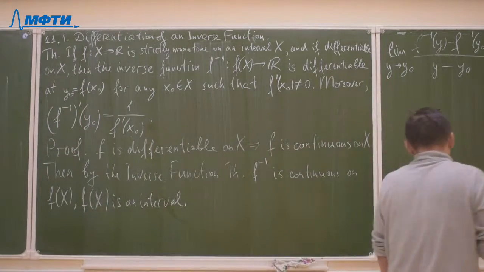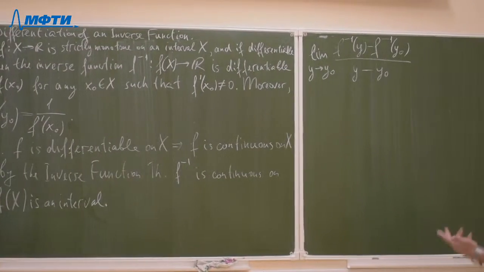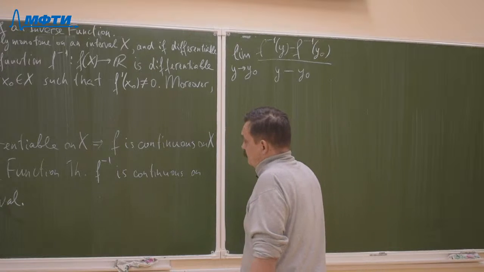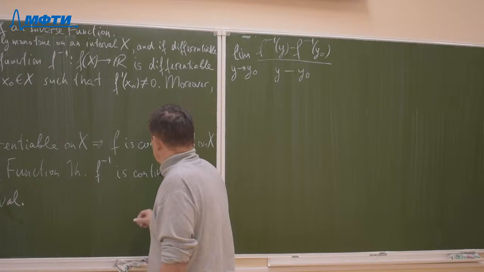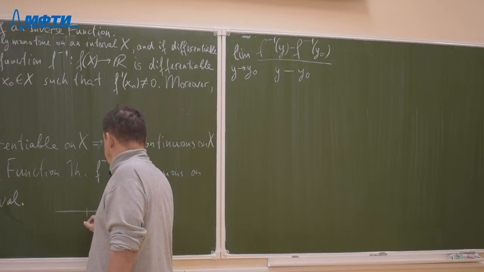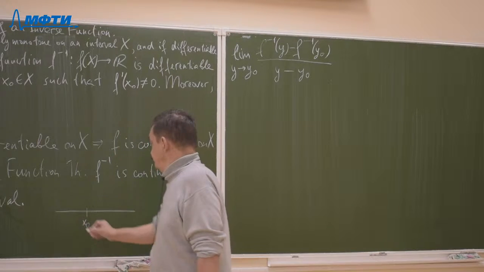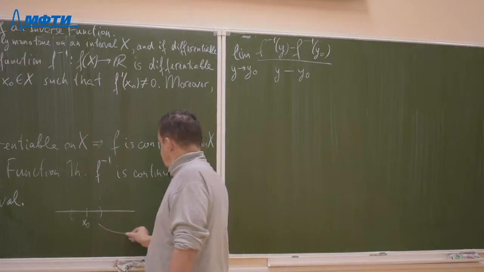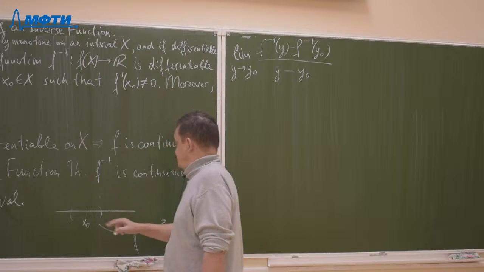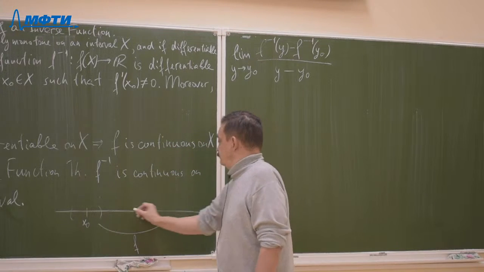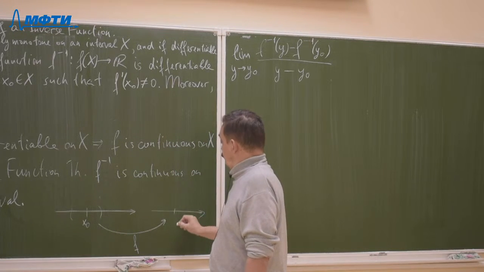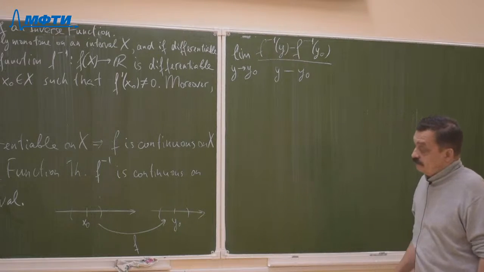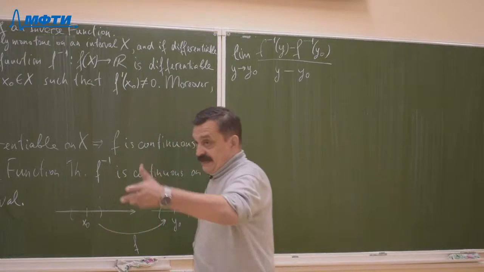But we can observe, from the definition of an inverse function, that we have the following correspondence. There is an interval around x0, and the function f maps that interval onto an interval around y0 in one-to-one manner.